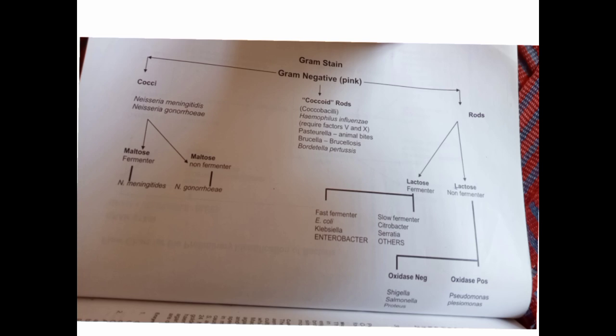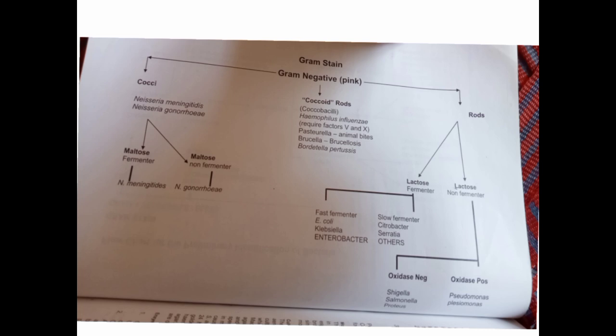And the second one is the gram-negative rods, called GNR. Gram-negative rods are further divided into two on the basis of lactose fermentation: one is non-lactose fermenter, and the second one is lactose fermenter. The lactose fermenters are further divided into two groups: slow fermenters and fast fermenters.